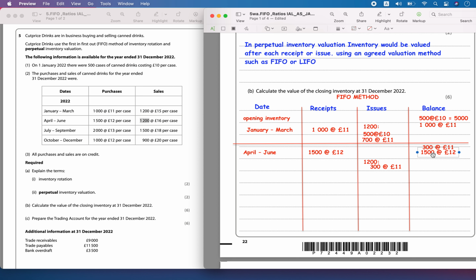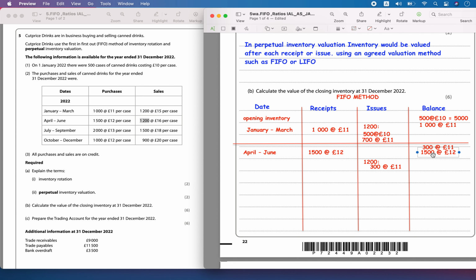Between July and September the purchases were 2,000 at £13. Then 1,500 has to be issued. We will issue first 600 at £12, the first one in the inventory, and then the remaining 900 will be issued at £13.